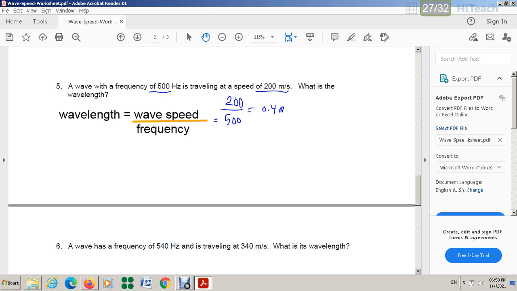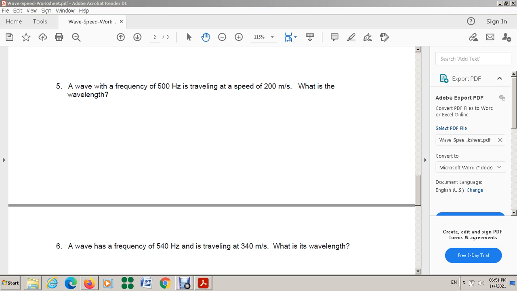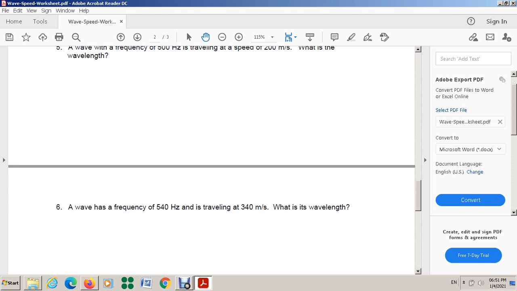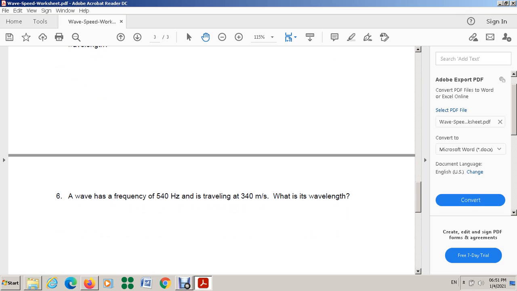Let's continue to move to the next question. For the next question here, you have a wave that has a frequency of 540 hertz, and it's traveling at 340 meter per second.